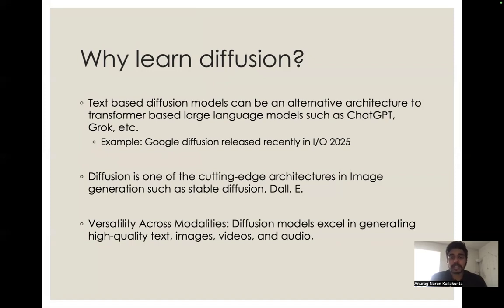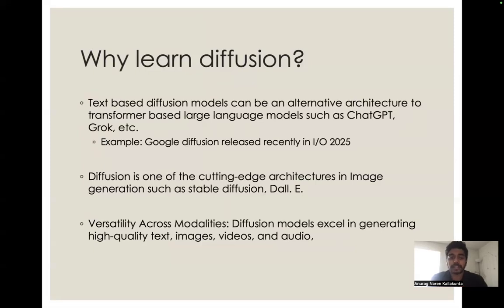But diffusion as an architecture comes especially from image generation. You might have already seen a lot of AI generated videos or images, right? Diffusion is one of the cutting edge architectures used in image generation. And these days, diffusion is currently being used to generate text as well, since it's very fast during inference, or when you try to generate text, it is faster than the transformer architecture.